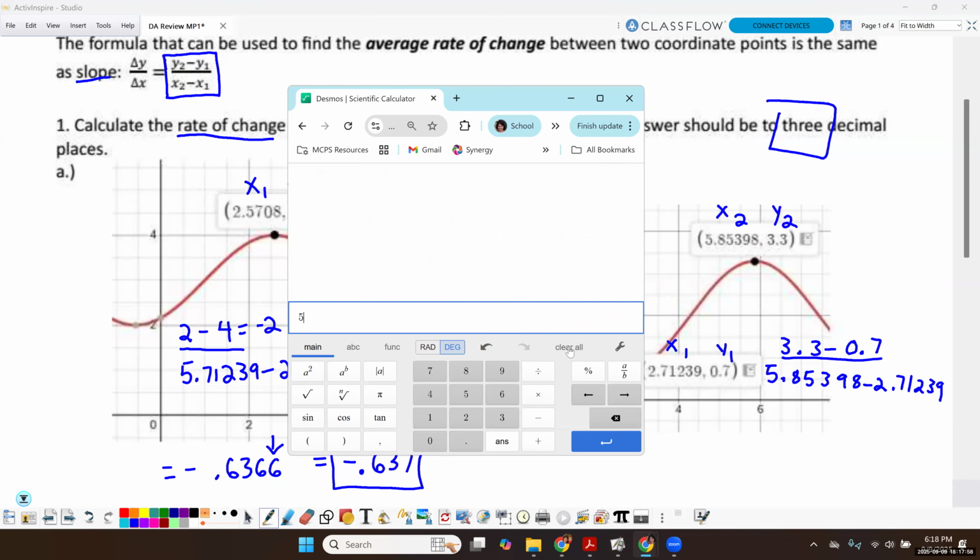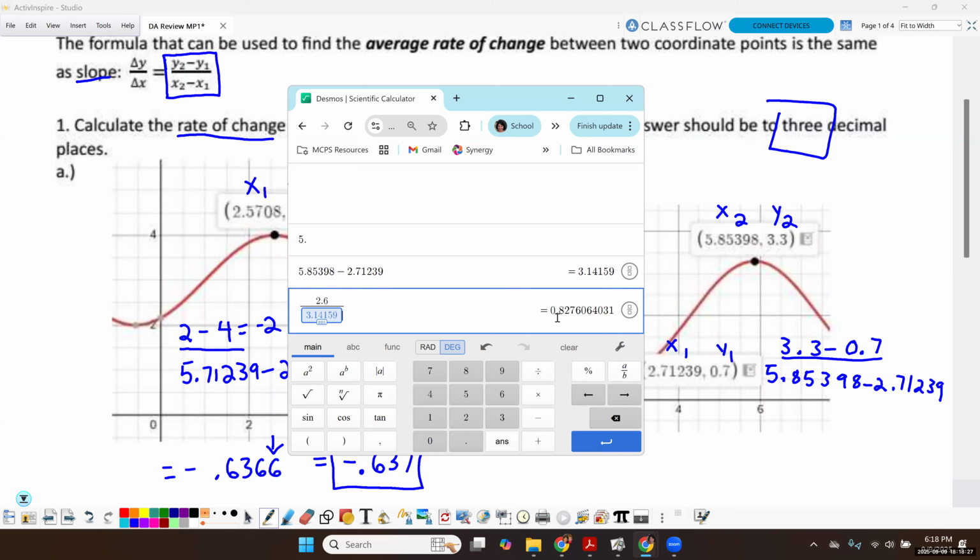We have 5.835398 minus, okay, and so now I've got 2.6 divided by that answer.